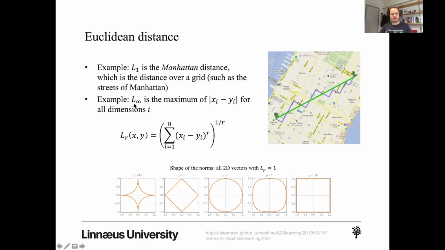And then also the L infinity distance, which is quite interesting. Think about what happens if I take R and just keep increasing it without a boundary. 1,000, 2,000, 1 million, it doesn't matter. What will happen is that, in a way, every component distance is going to be moving towards infinity, right?